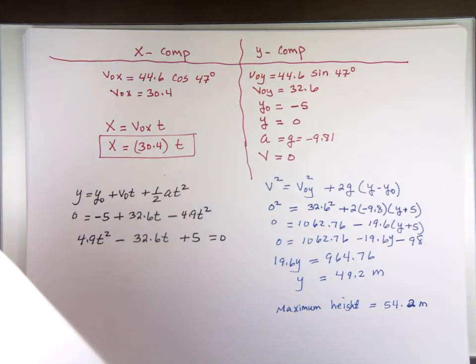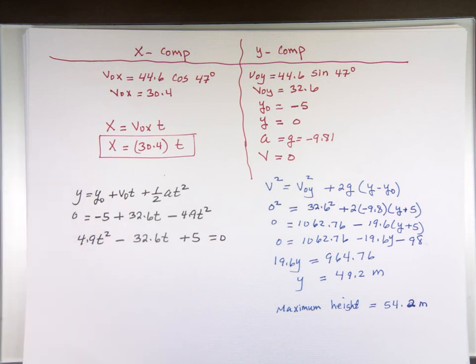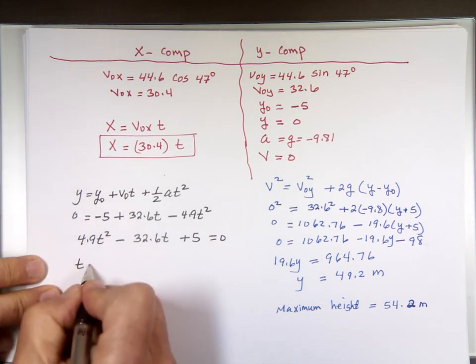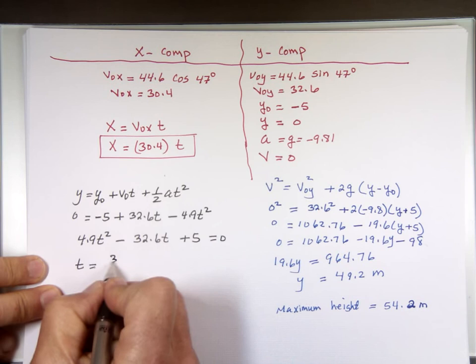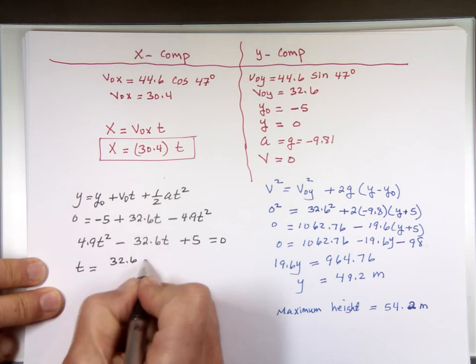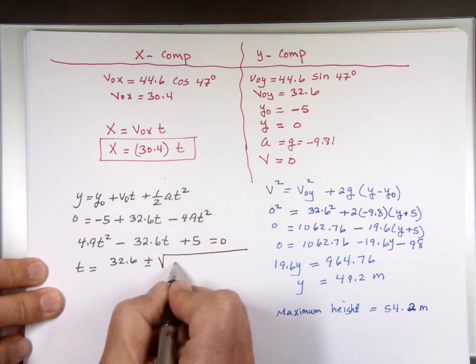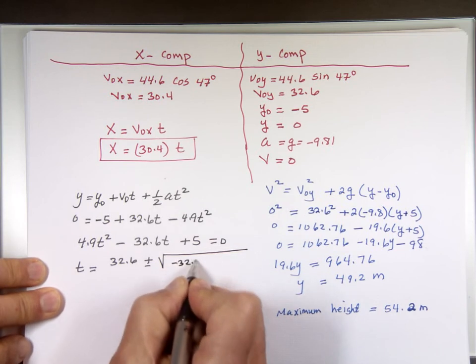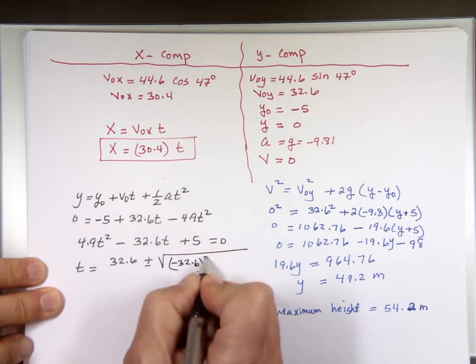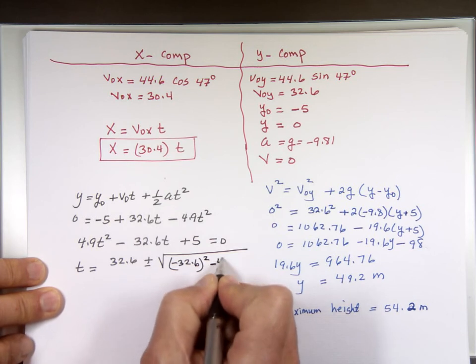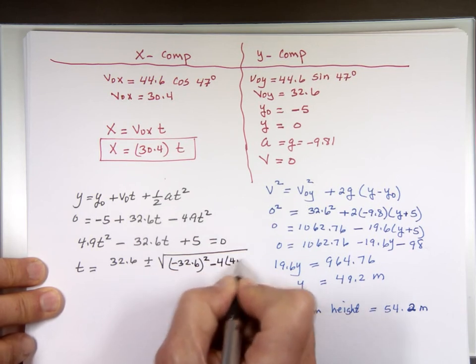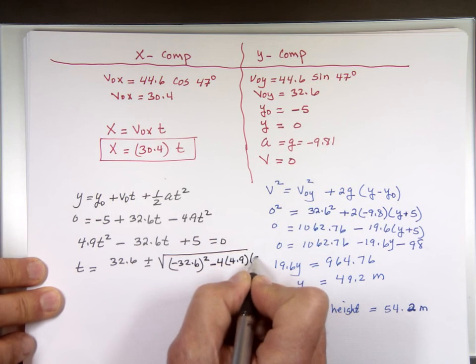Can I solve for t? Minus b, 32.6, plus or minus the square root of b squared minus 4 times a times c, all divided by 2a.